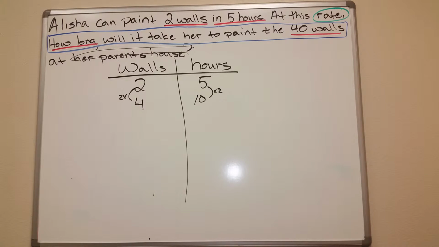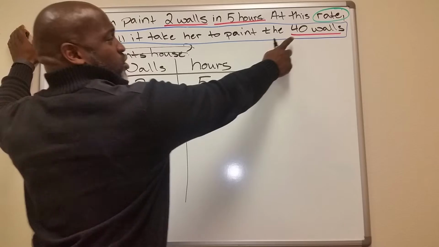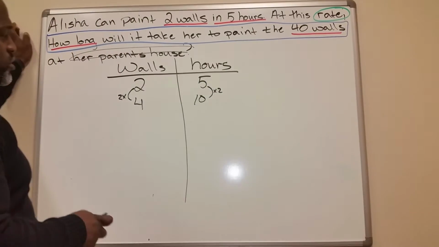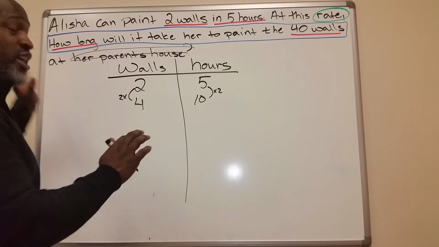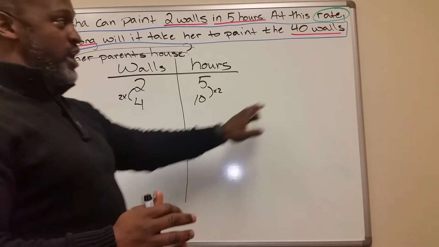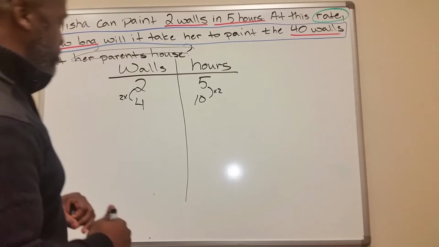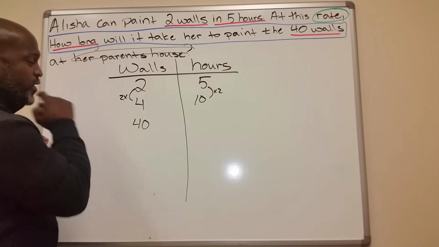Well, I know through my number talks that we've done at school that 4 can go into 40. So instead of just continuing my table and going 2, 4, 6, 8, 10, which there's absolutely nothing wrong with that, I'm going to use some learning that I had in my brilliant 6th grade classroom, and I know that 4 can go into 40.